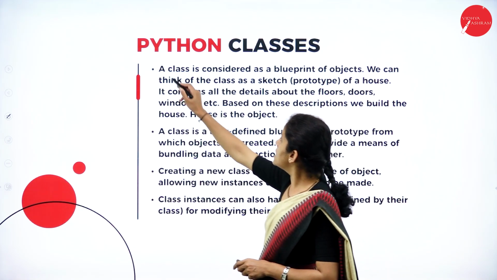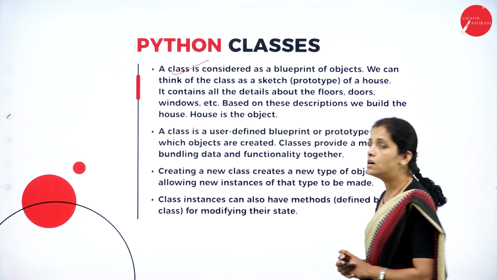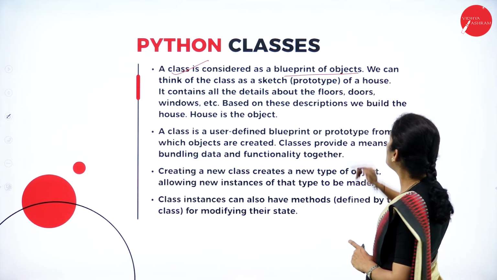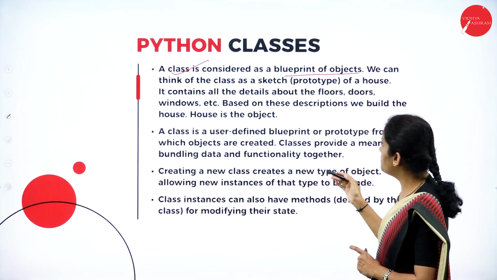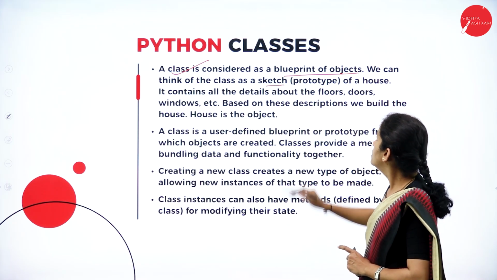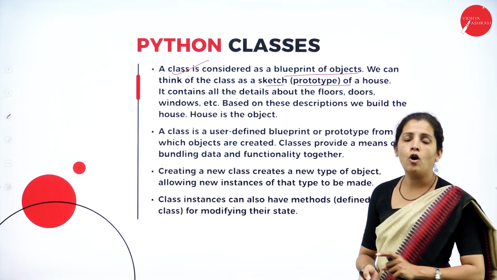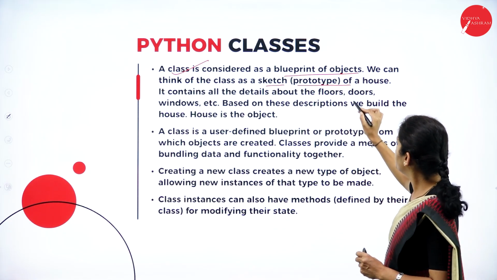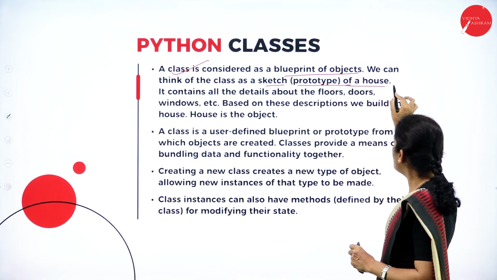So a class is considered as a blueprint, or a template of object. For example, see, class is a skeleton or prototype, or class is nothing but a sketch. Next, a sketch of a house.